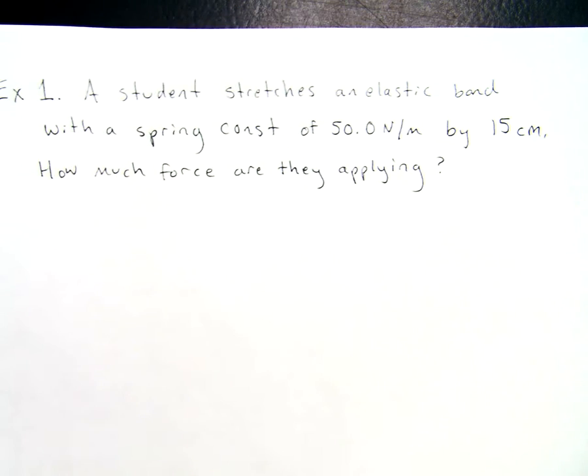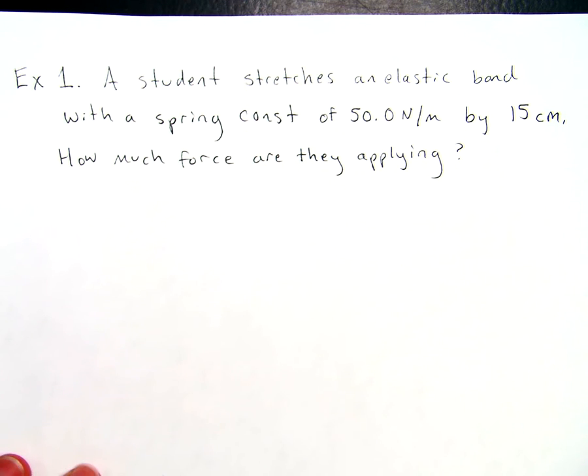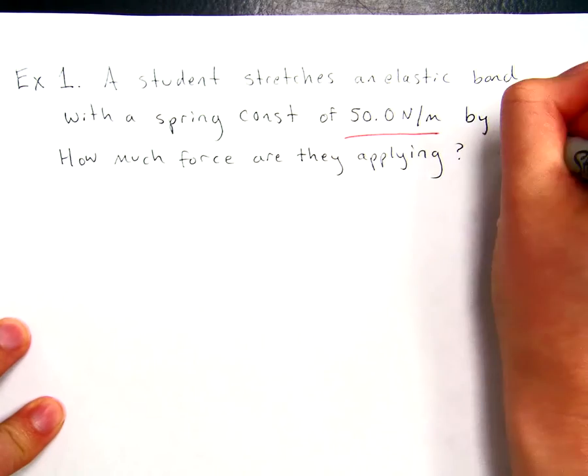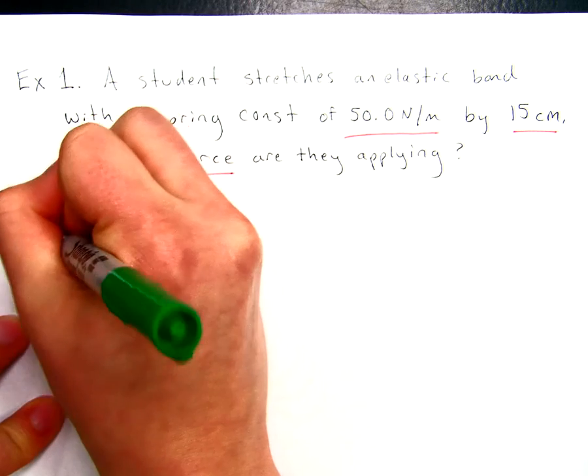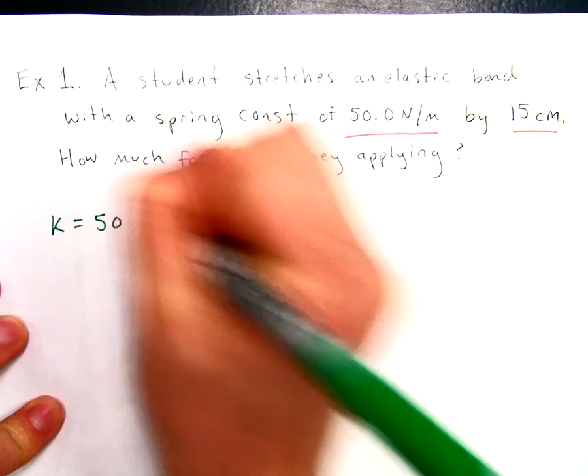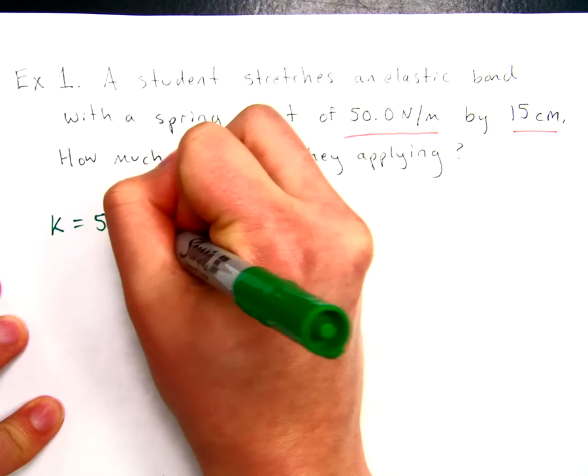So here's example 1. A student stretches an elastic band with a spring constant of 50 newtons per meter by 15 centimeters. How much force are they applying? So we have three things of interest here. We have a spring constant, so we have that k value of 50 newtons per meter.